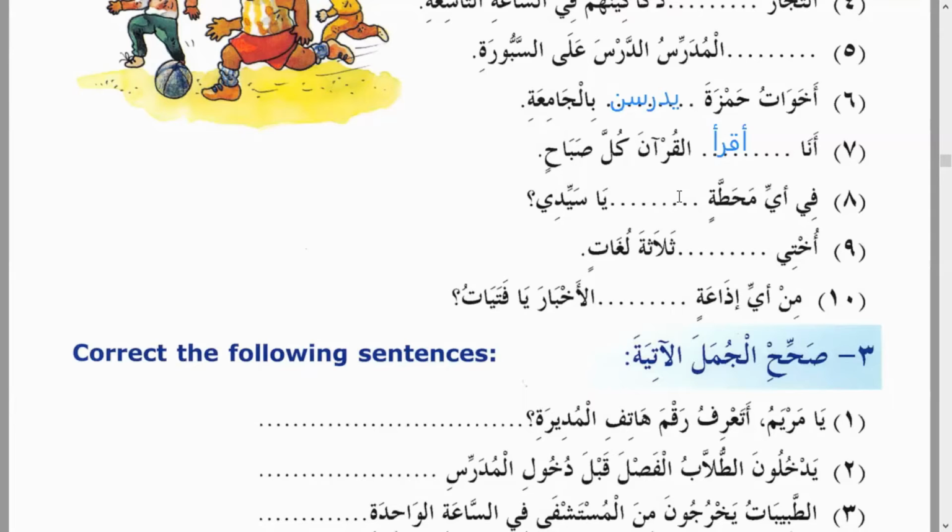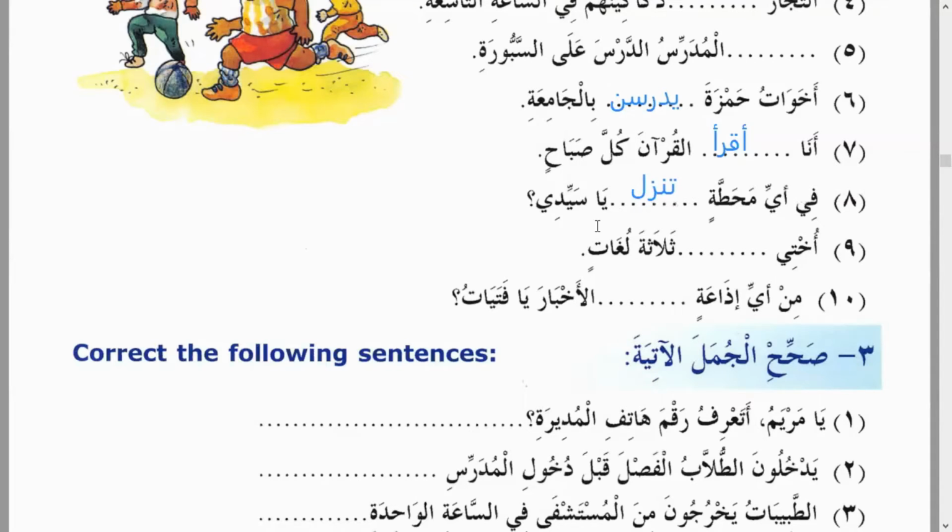Any idea? If you're not sure, you can type NS. Not sure. Now, it is nazala. The mudare is yanzilu. So which form of yanzilu? Nazala yanzilu, to get down. We're speaking to someone here and it is masculine. So very easy. Yanzilu will become tanzilu. Naam. في أي محطة تنزل يا سيدي. On which station will you get down?